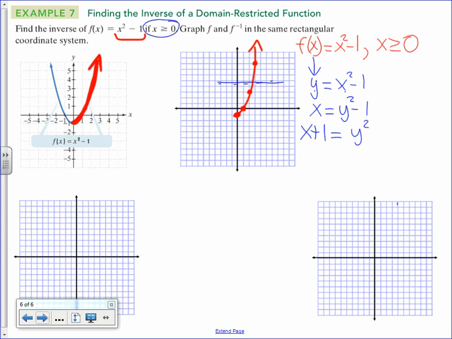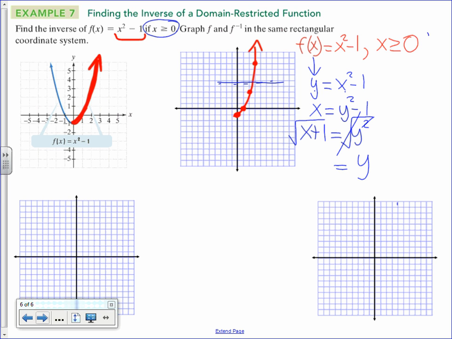Now from here, to solve for y, we need to take the square root, correct? Yes? We know the square root will take care of the square because they are inverse operations. And now here, when you take a square root and you have an x inside, you don't know if the x is positive or negative, so you could be talking about that plus minus situation.